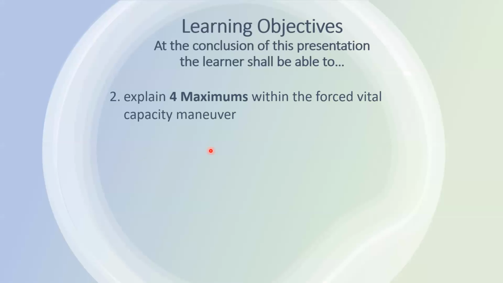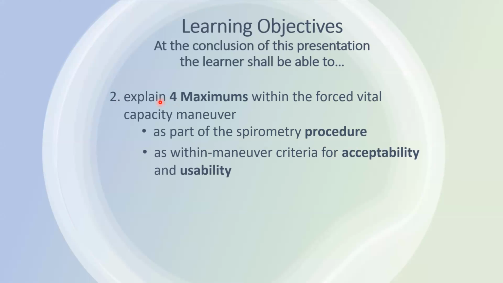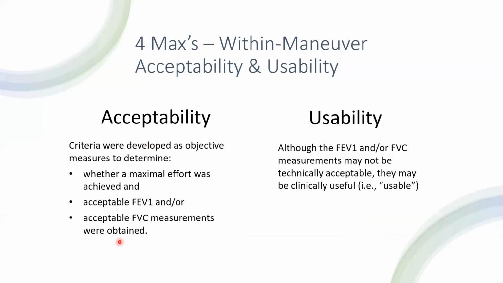All right. So we have explained the 4 maximums as part of the spirometry procedure. And now we're going to talk about the 4 maximums within maneuver criteria for acceptability and usability. So the ATS ERS have defined these 2 terms. Is it acceptable and is it usable?